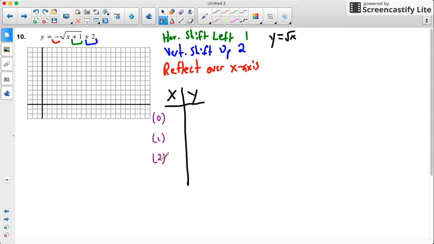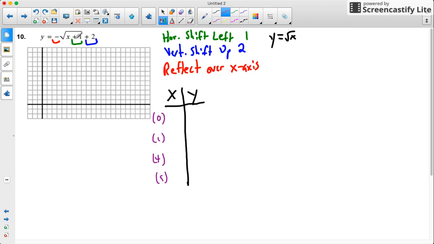So 2 is not a perfect square. What values of x can I plug in so that the whole inside of this radical equals 0, 1, 4, and 9? That's what we're after here.